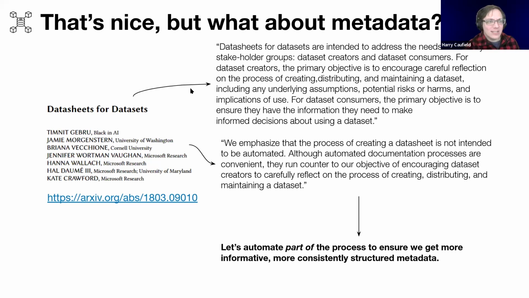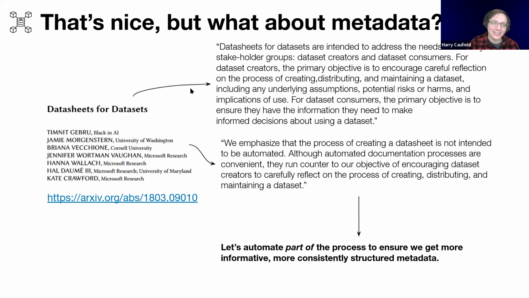Now, an important detail is that they wrote this entire set of datasheets for datasets as a checklist or a series of things that you may want to concern yourself with as a human data creator. And they do very explicitly emphasize that this process is not intended to be automated. So of course, my immediate question is, what if we did automate it?